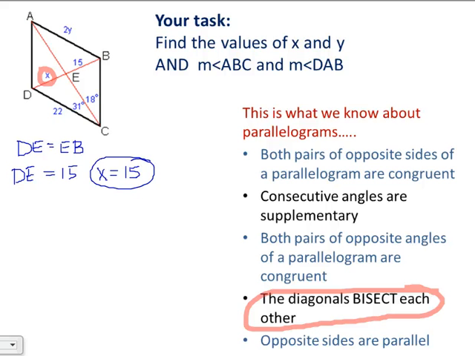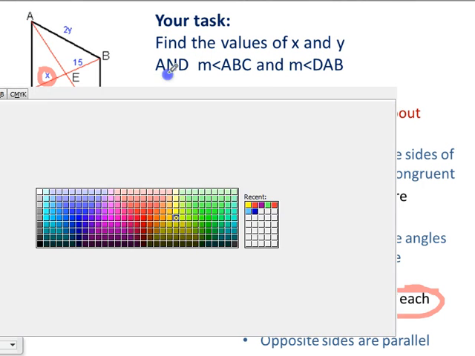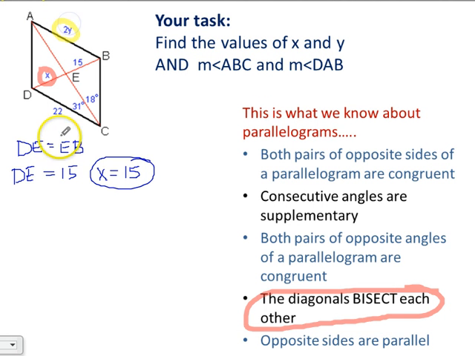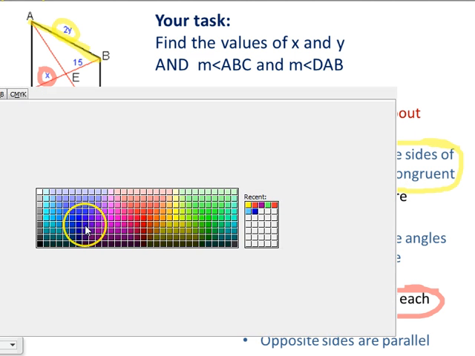So let's find where y is. Y is one of the sides. So here's our y. What do we know about the sides of parallelograms? What do we know about side AB and side DC? We know that opposite sides are congruent. So we can set up an equation to help us solve for y, knowing that both sides are congruent.